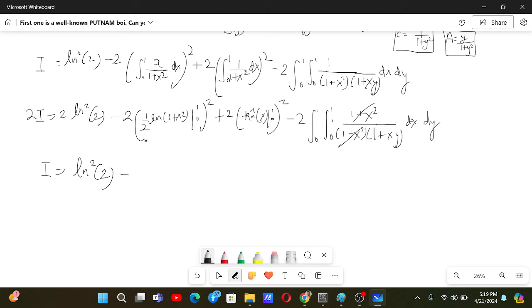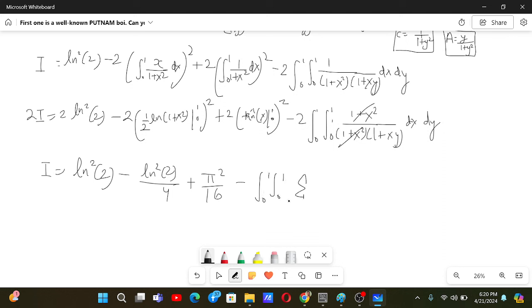Now this is ln 2 by 2. If we evaluate this, we get ln squared 2 by 4, and we know that this is pi by 4, so pi squared by 16.